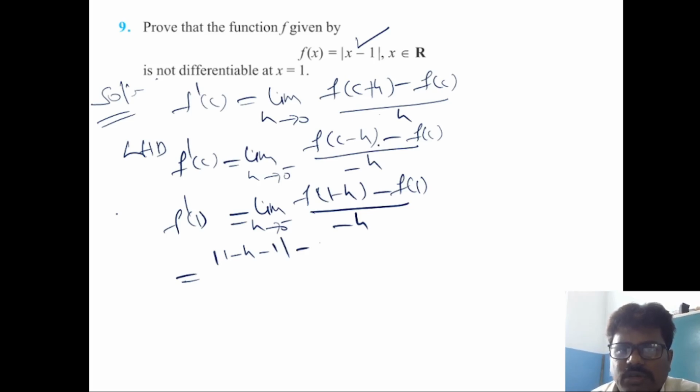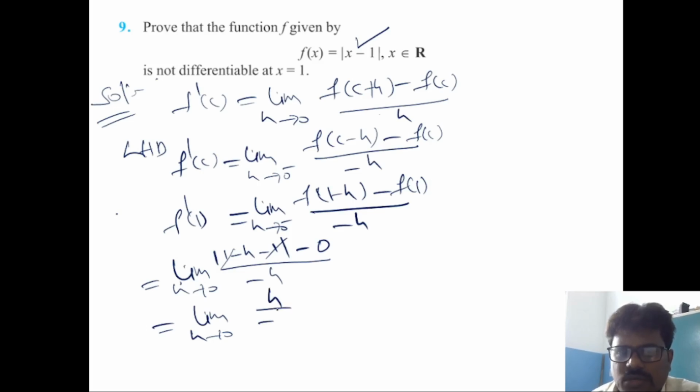Simply substitute 1 minus 1 will be 0, divided by minus h, and of course we have to write the limit before this. So limit h tends to 0, here plus 1 and minus 1 will cancel. Of course modulus of h means plus h by minus h, it will be equal to minus 1.